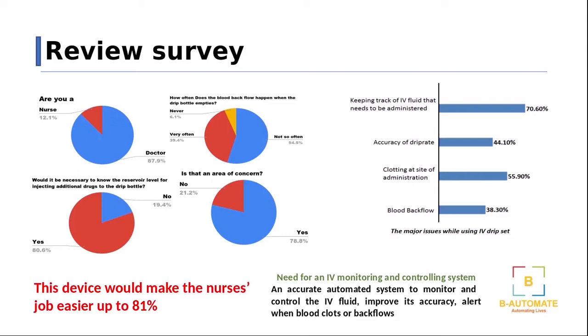And hence, with the help of IV monitoring and controlling device, their job could be simplified to a great extent. We can also see that the blood backflow happens very often, and that is a major concern, and it can also be avoided by the help of monitoring device. This device would make the nurse's job easier up to 81%.